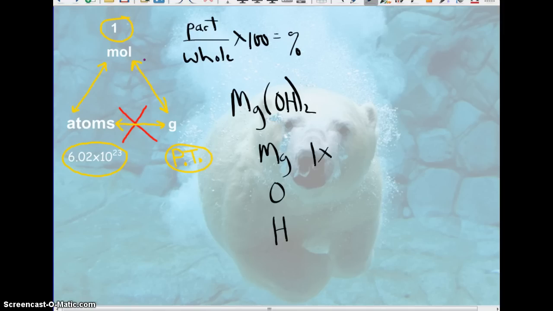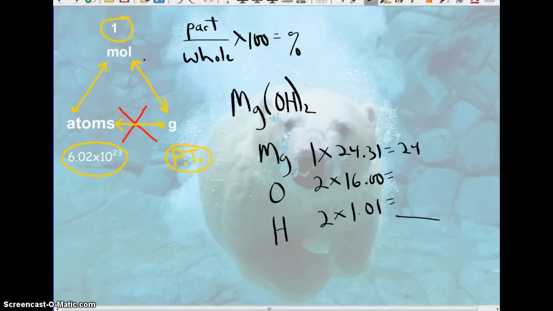There's 1 magnesium times its mass, which is 24.31. Oxygen, there's 2 of those times its mass, which is 16.00. And hydrogen, there's 2 of those times its mass, which is 1.01. Multiply those out on your calculator.